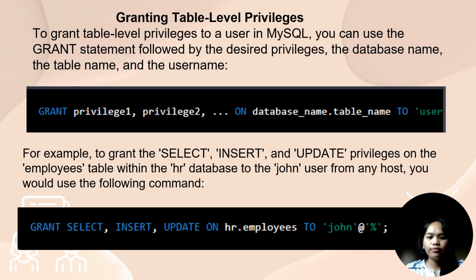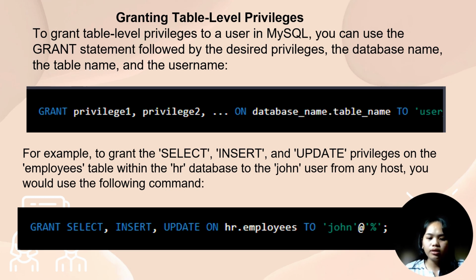And for granting table level privileges, we can see here, same as before, we can use the command syntax grant followed by the privileges, but remember we should have the syntax here: database name, the database table name, and the username.